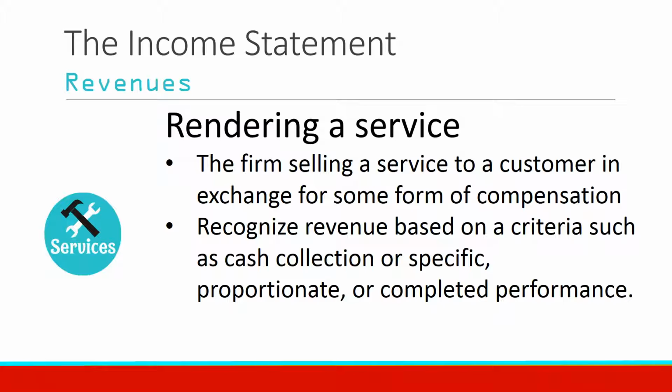So you have to carefully look at the service and come up with a criteria. The criteria could be when you collect the cash. It could be when some specific aspect of the service has been provided. It could be proportionate. In other words, when you've prepared or delivered a certain percentage of the hours of service you provided. Or it could be when the service is completed.